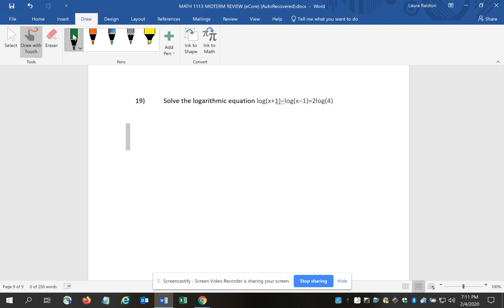All right, so I noticed that these are being subtracted. Since they're being subtracted, subtraction is rewritten as division. So I would have log of x plus 1 over x minus 1.